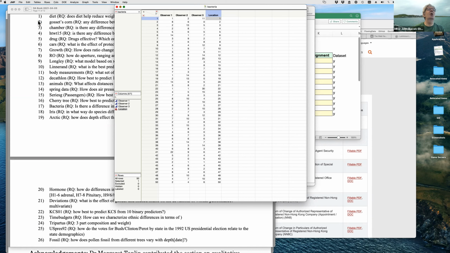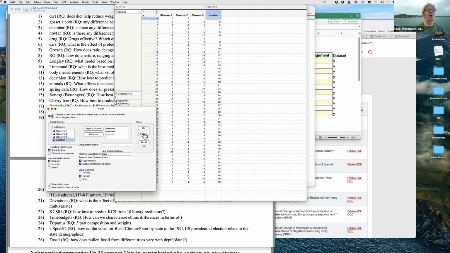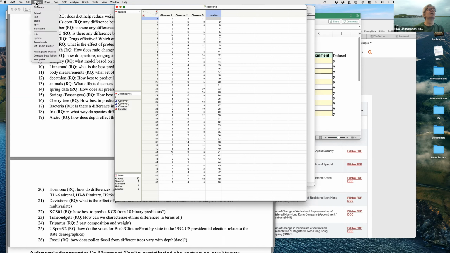We have these 2 options of stack and split. Stack creates a new data table with values from multiple columns stacked into a single column. That's what we want to do. Split does the reverse: it creates a new data table that maps several rows of one column into one row in several columns. So we want to do stack.